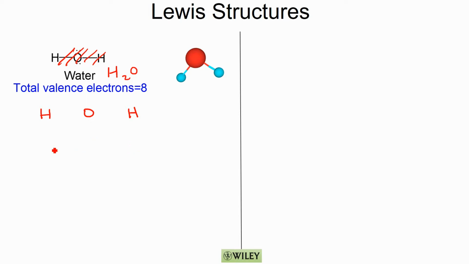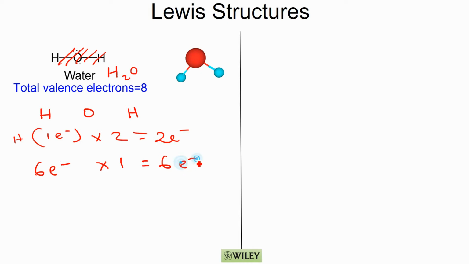And then determine the number of valence electrons available. So each hydrogen has one valence electron. So we're going to do 1 electron times 2 for each hydrogen. So the 2 hydrogens contribute 2 valence electrons. And the oxygen is in group 6. So you only have 1 oxygen, so it's 6 electrons. So generally you want to spread around 8 valence electrons, which are those.